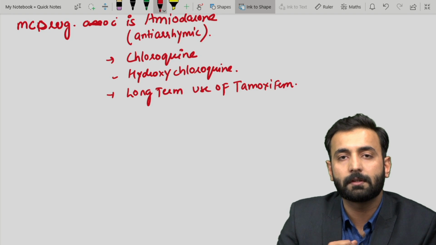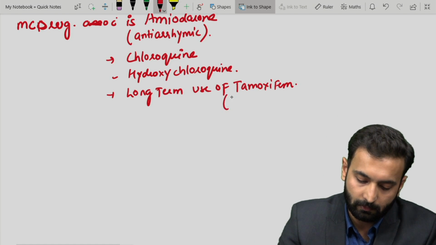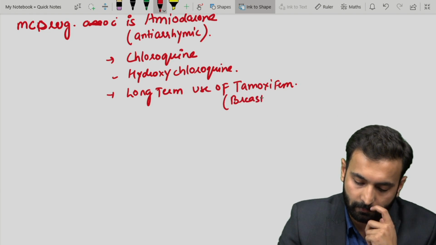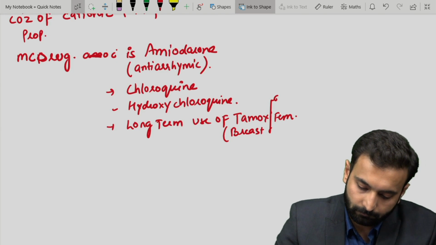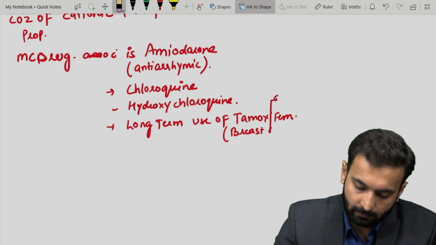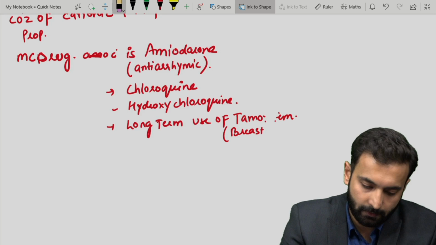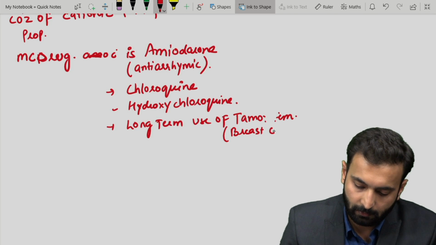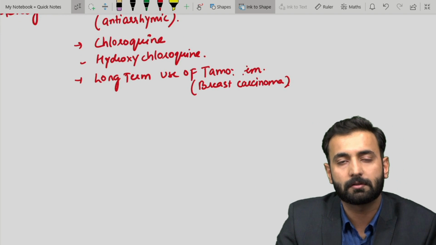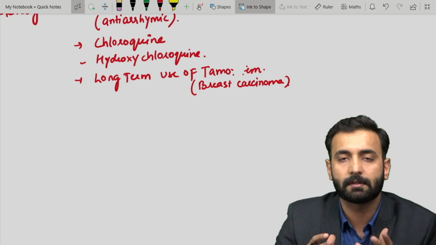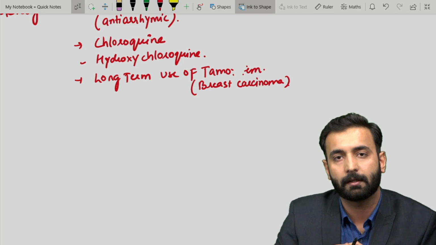Tamoxifen is used in breast carcinoma. So the best answer is tamoxifen, because tamoxifen use is associated with vortex keratopathy, but it is not the only drug used in breast carcinoma.